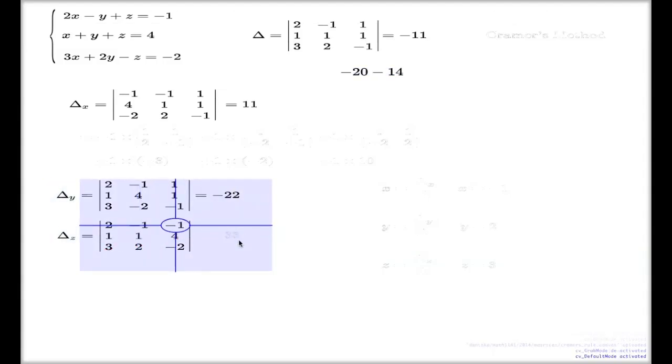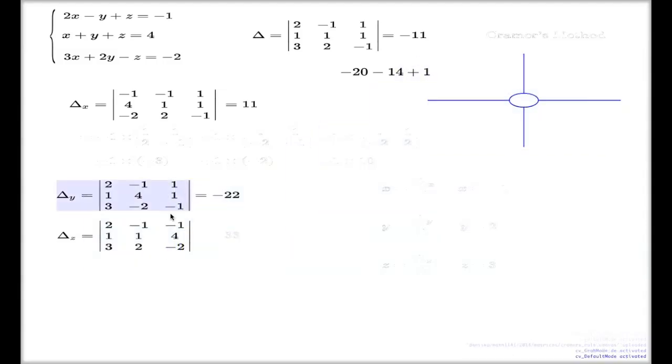And the final one, it's negative this time. It's 2 take 3. It's negative 1, so it is plus 1 in fact. Easy computation for the last determinant. Altogether, this is negative 33. Negative 33.